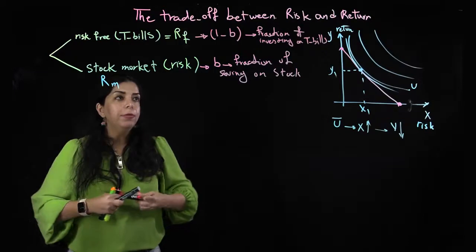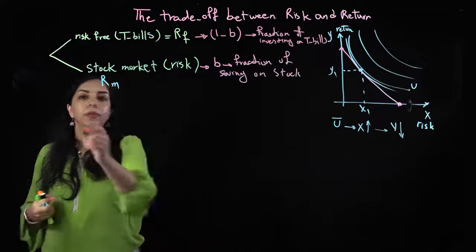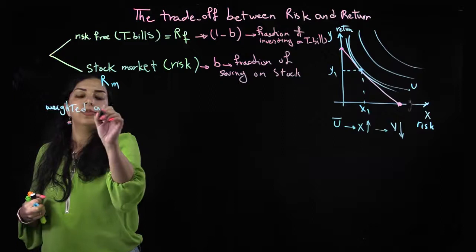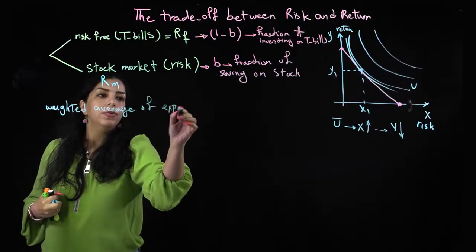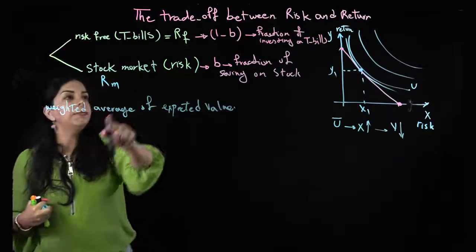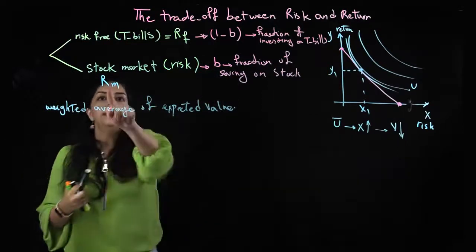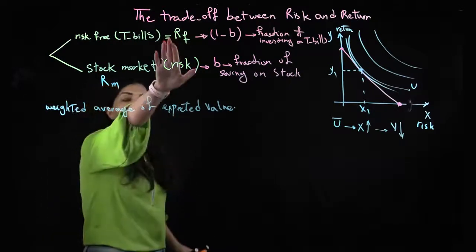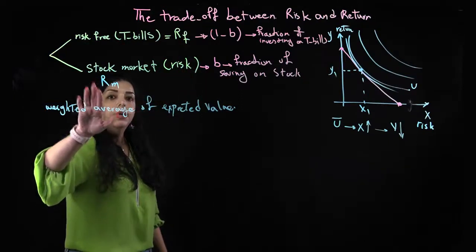So if we want to calculate the weighted average of expected value, why do we say weighted average? Only because of these two fractions. This here is already an expected value. I said in the beginning that RF is the expected value of the risk-free asset, and RM is the expected value of the stock market.